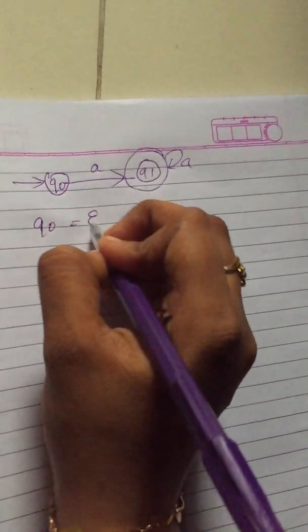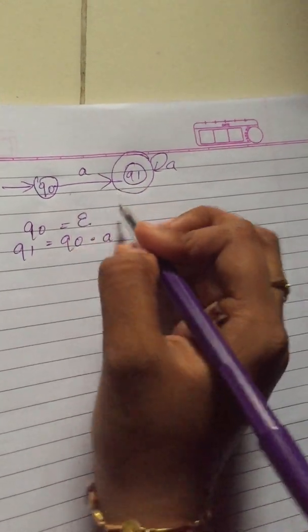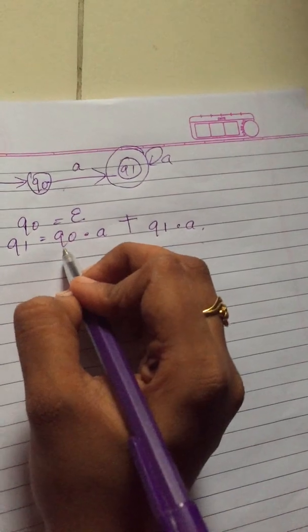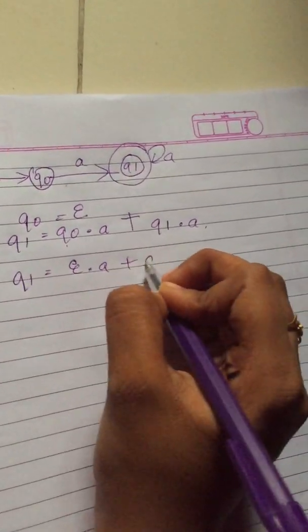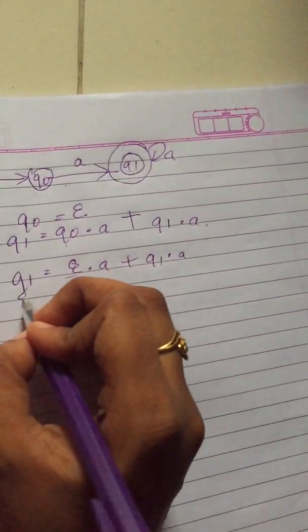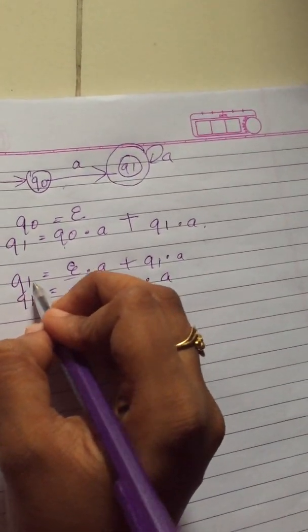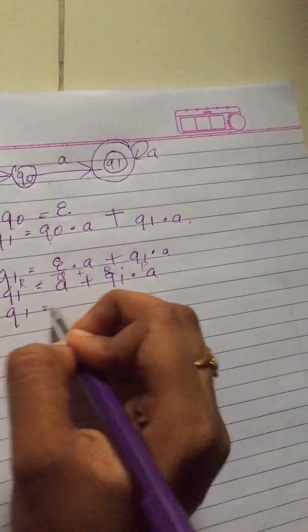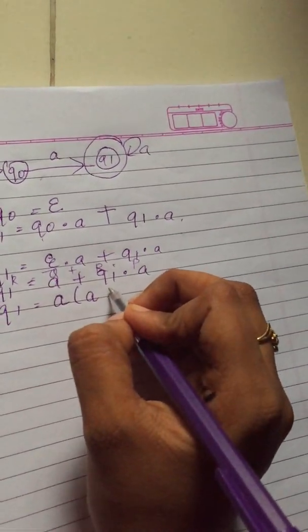So now Q0 is epsilon and Q1 is nothing but Q0 into A plus Q1 into A, right? Q0 is epsilon. Q1 is equal to epsilon into A plus Q1 into A. Epsilon can be ignored, so A plus Q1 into A, which gives us the formula R equal to Q plus R into P. So Q1 can be written as QP star. It is A into A star.